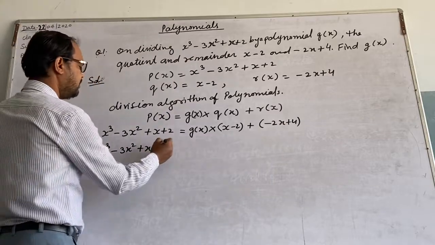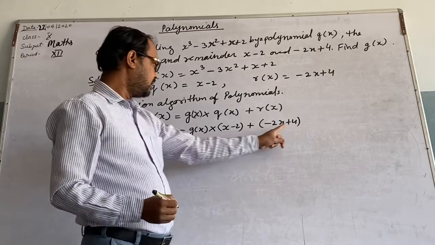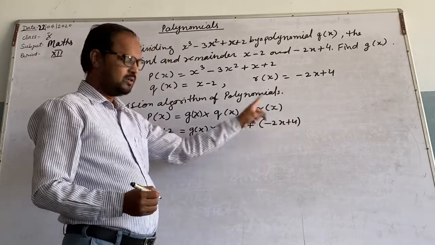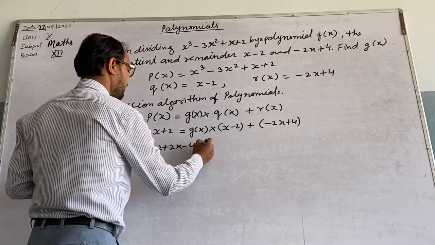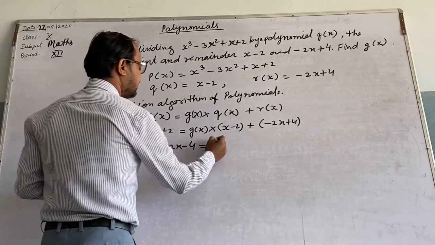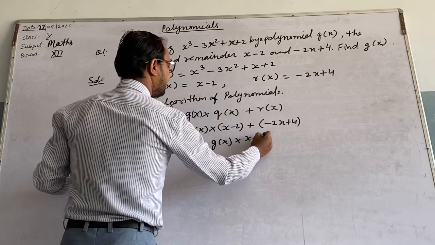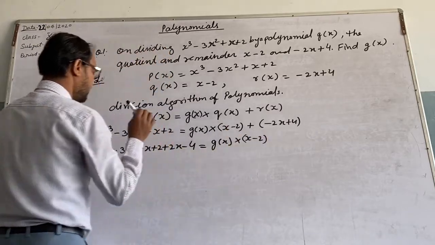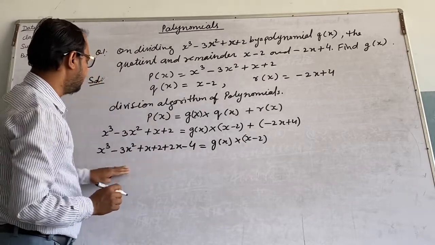This will give you plus 2x. And when we transfer plus 4, on the left hand side it becomes minus 4. Right? Now what is the key over here? g(x) into x minus 2. These two terms are transferred. Now simplify this. Add and subtract like terms in this polynomial.